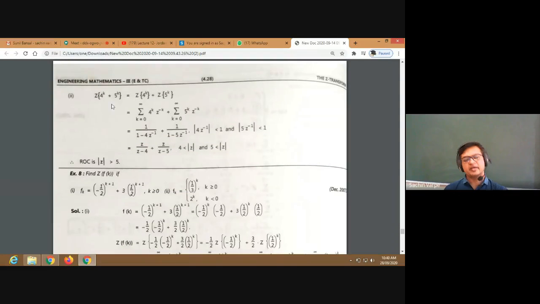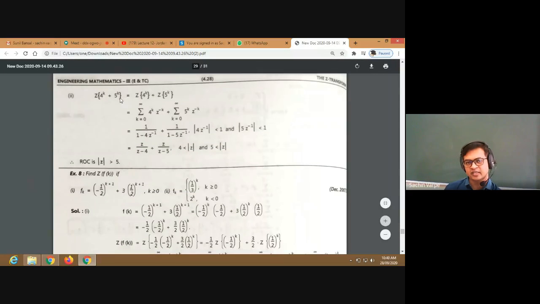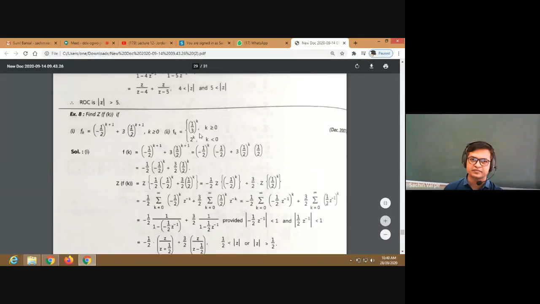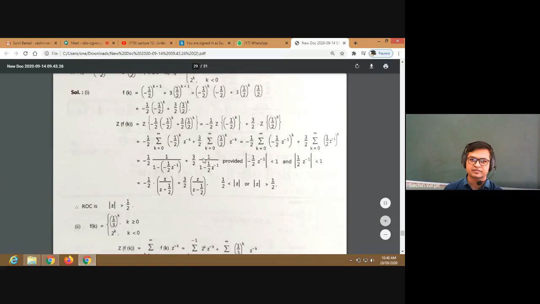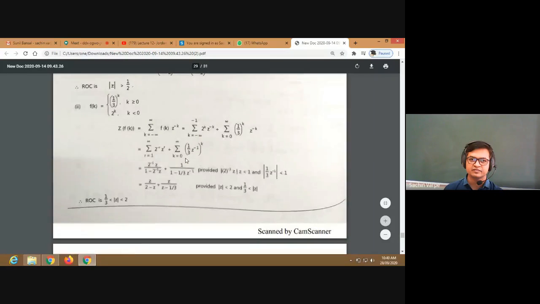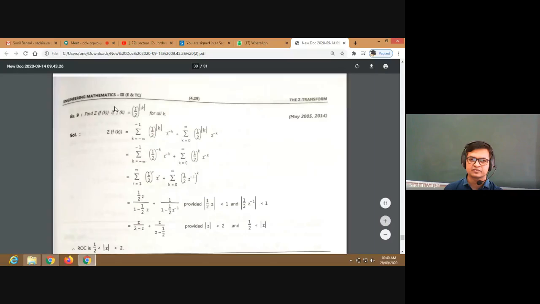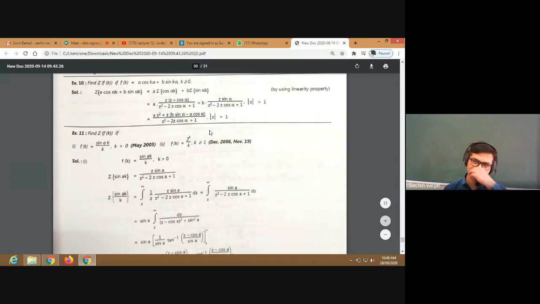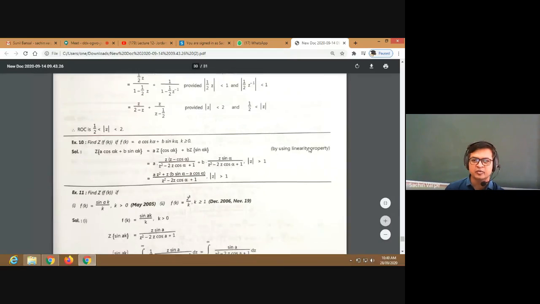Here, by using linearity properties, the Z transform of f of k and g of k are the separate Z transforms. That is easy. This will also be easy using the linearity property.